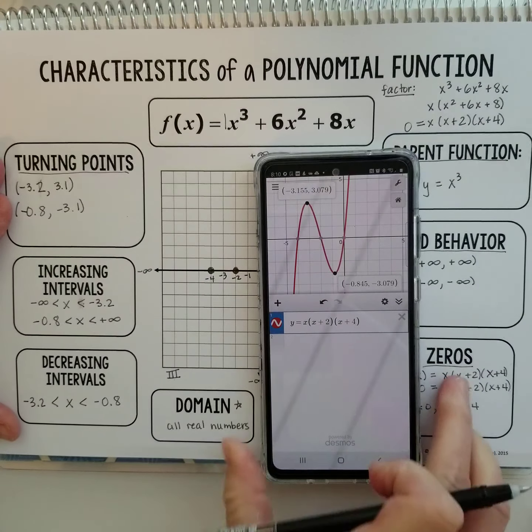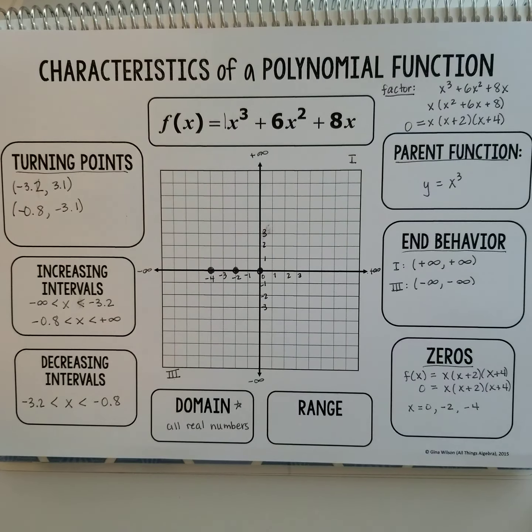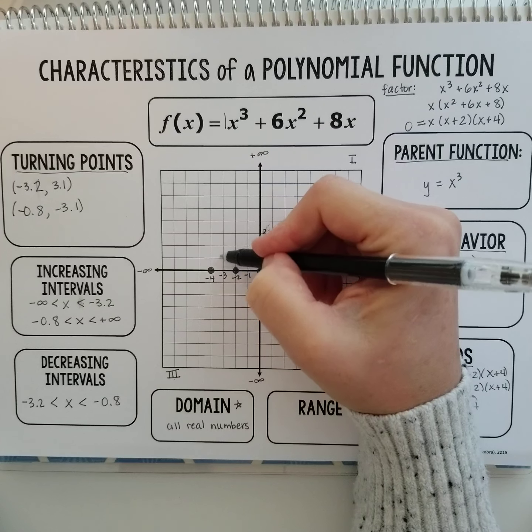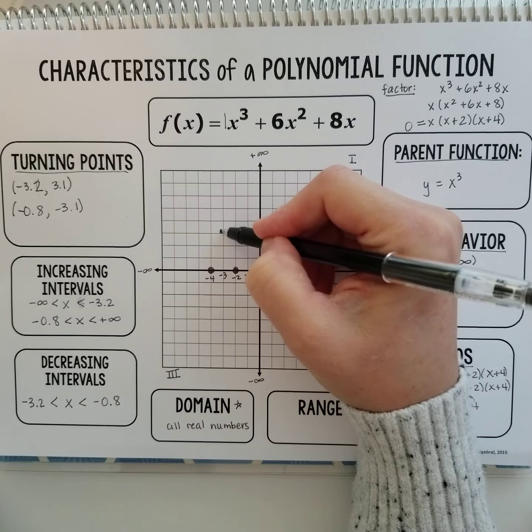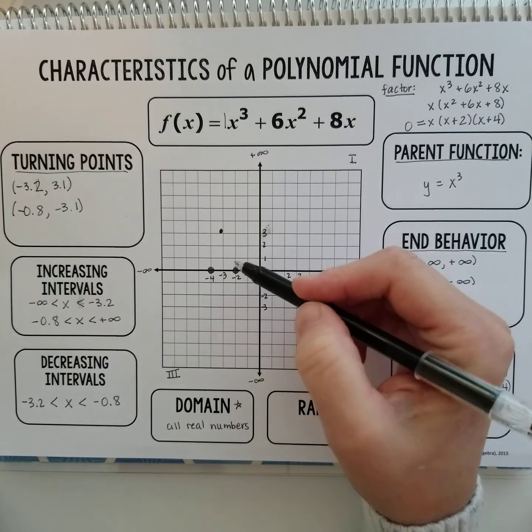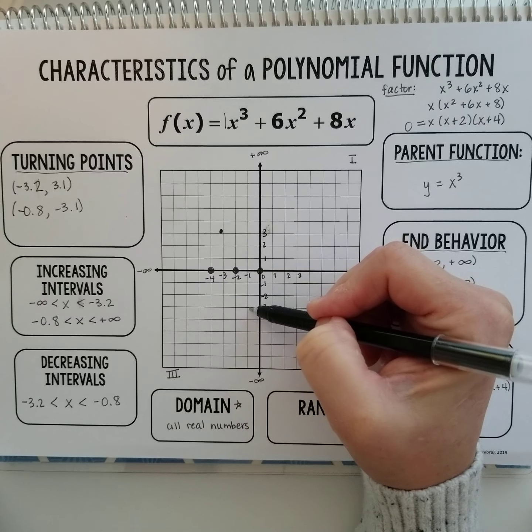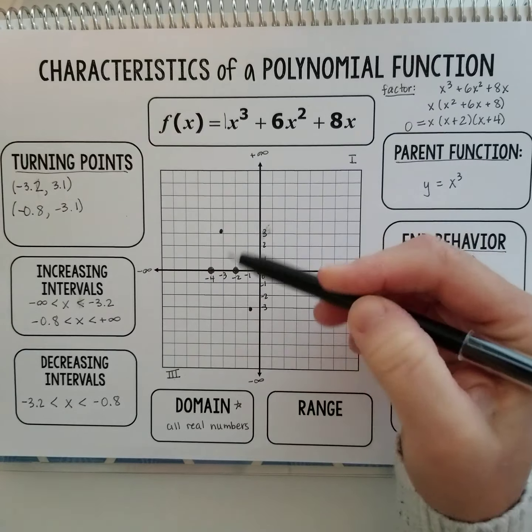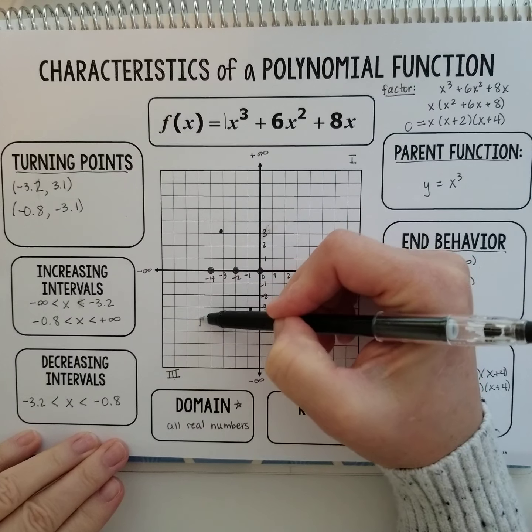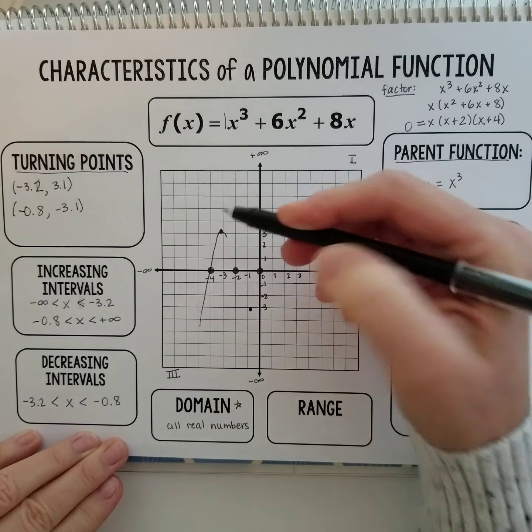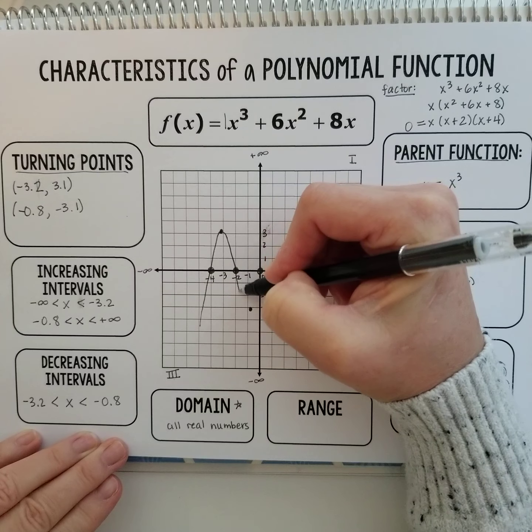Okay, so we are ready to sketch this graph. We're going to plot these turning points at negative 3.2 and positive 3.1, so right around there. And then at negative 0.8 and negative 3.1 there. Okay, so we'll sketch our graph coming through here. Try to make that a curve, not a point, when you go through those turning points.